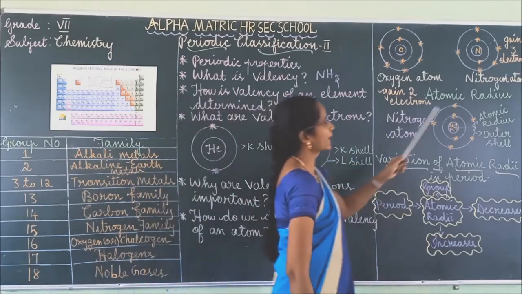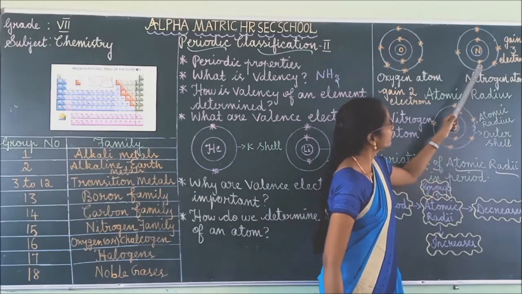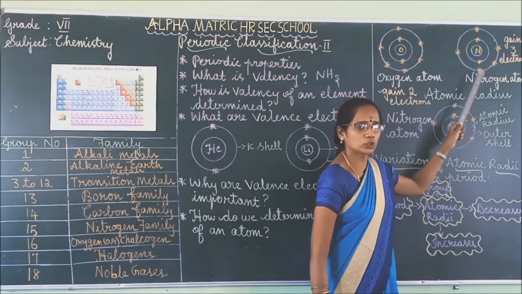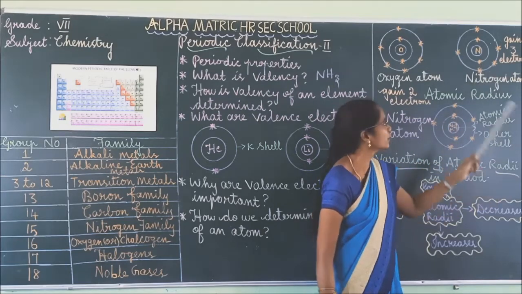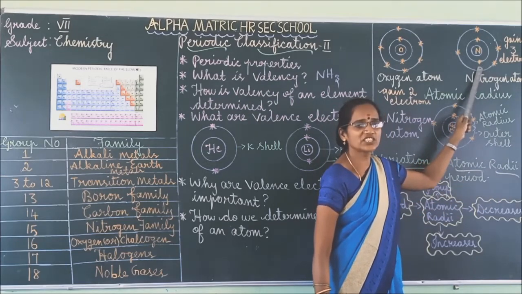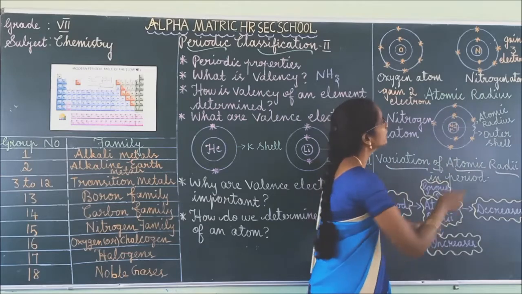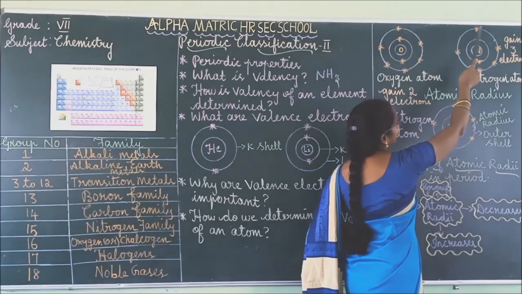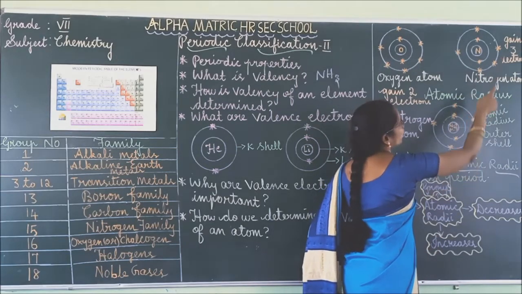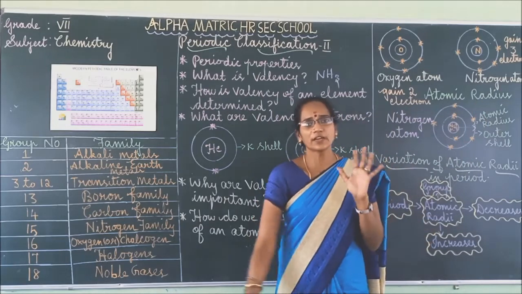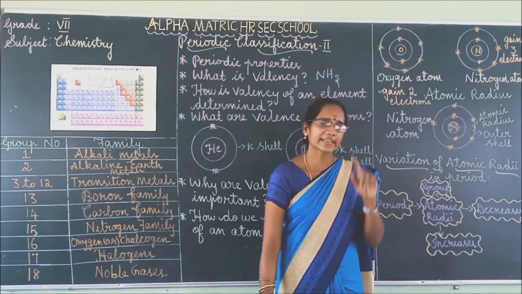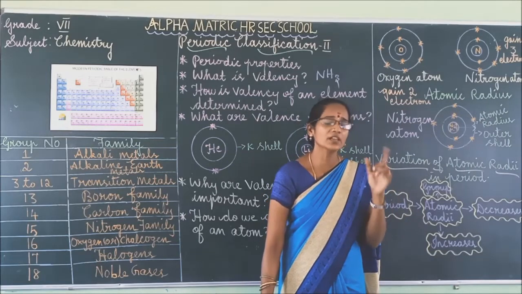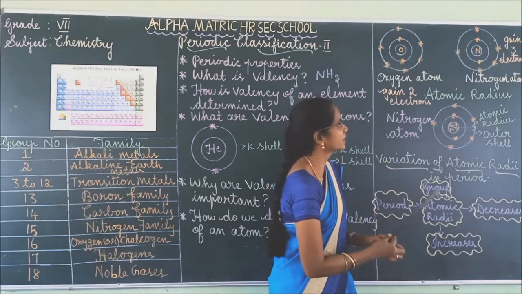Next we can move to the nitrogen atom. The nitrogen atom also has two shells. This is the first shell and this is the outermost shell. In the first shell, the K shell, 2 electrons are present, and in the outermost shell, count 1, 2, 3, 4, 5. 5 electrons are present.